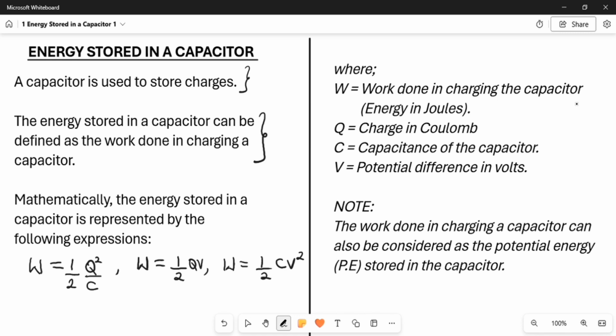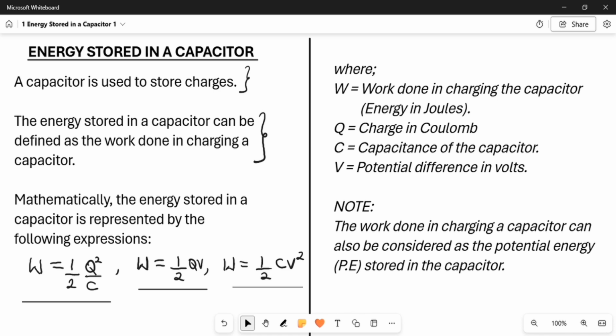We have W is equal to 1/2 times Q squared over C, where Q is the charge. We also say W is equal to 1/2 QV, and W is equal to 1/2 CV squared. All three equations can be derived, but this particular lecture will not be addressing that.